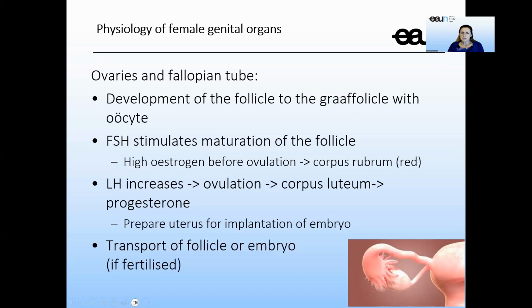And there the egg goes, and when it's fertilized, into the wall of the uterus and develops into an embryo, and that's all regulated by different kinds of hormones like progesterone, estrogen.